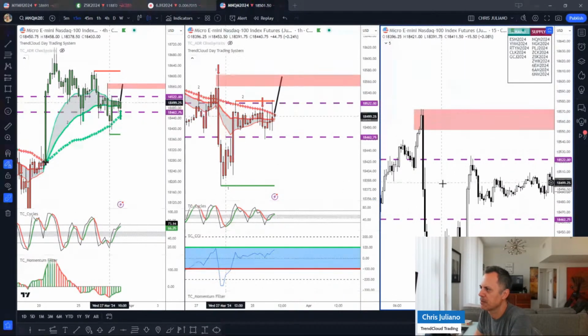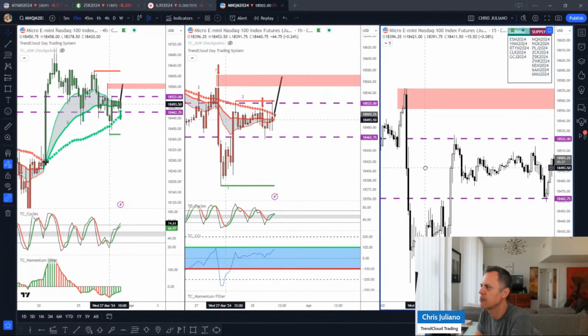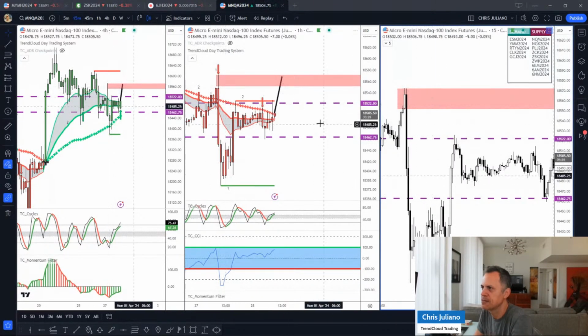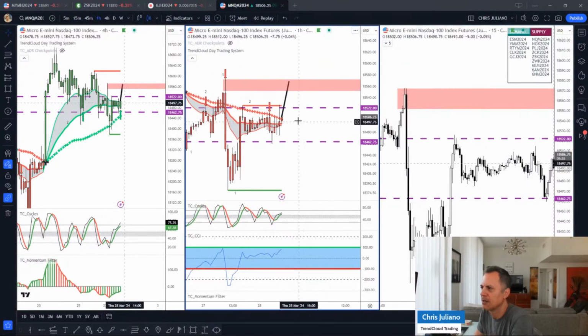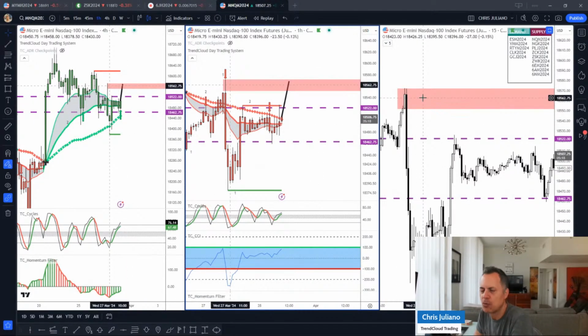Fantastic. Let's do that. Well, that's what I did at first too. And then I started noticing that when you take supply zones, even though they look good, that are against the 1 hour trend and against the 1 hour momentum, they do not work as well.